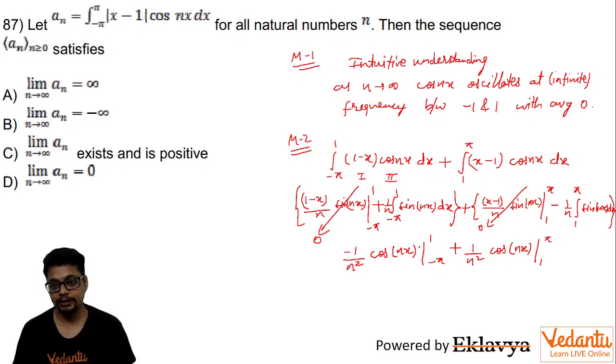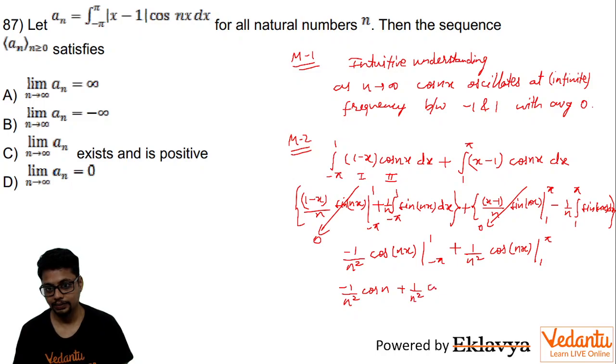So here when you put x to be 1, you get minus 1 by n square cos n. When you put x to be minus pi, minus minus would become plus, lower limit, plus 1 by n square cos n pi.